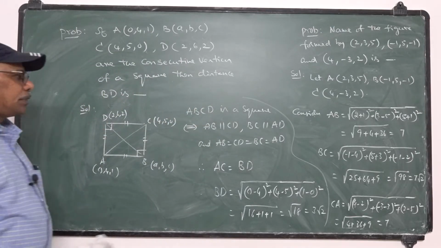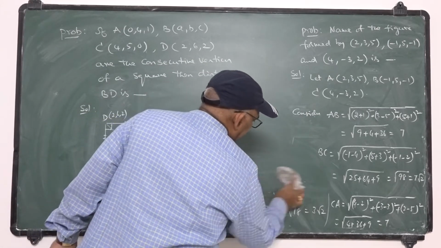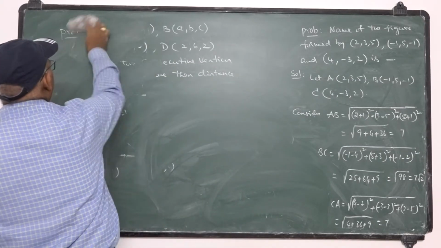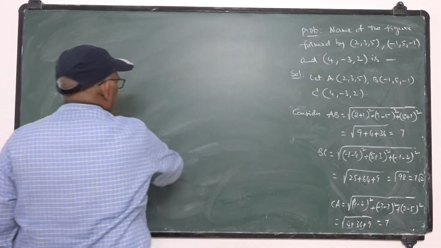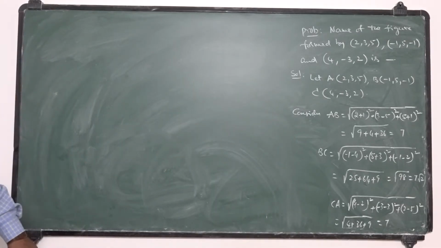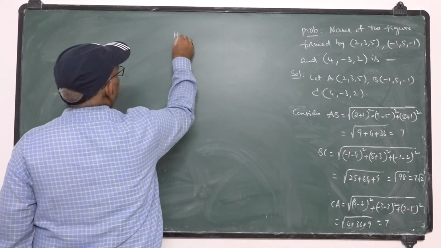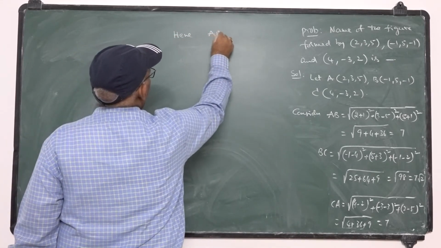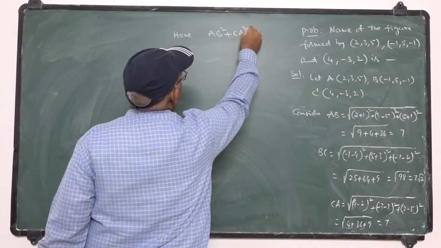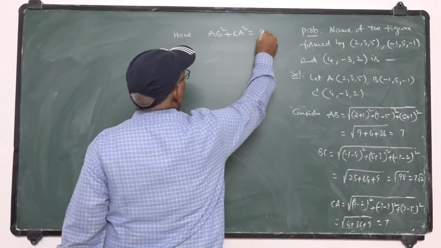So from these three distances, here we can observe that AB square plus AC square is BC square.